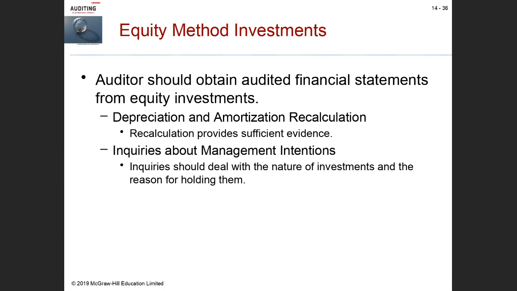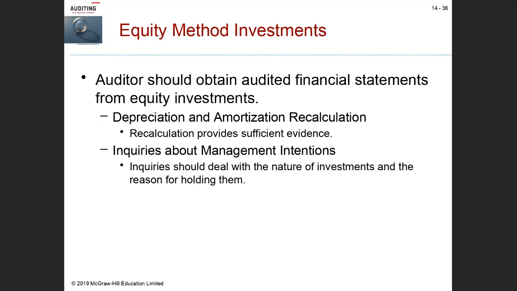Gains are not reported until we sell the investment, but losses are recognized once they occur. So obtaining financial statements where we have equity method investments is extremely important to ensure our own accounting is correct.